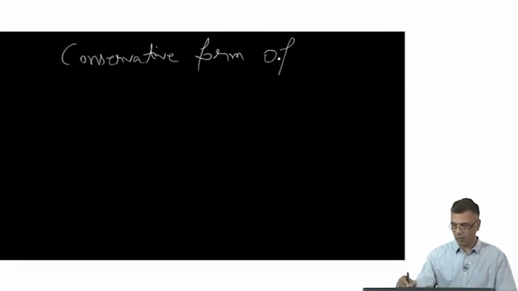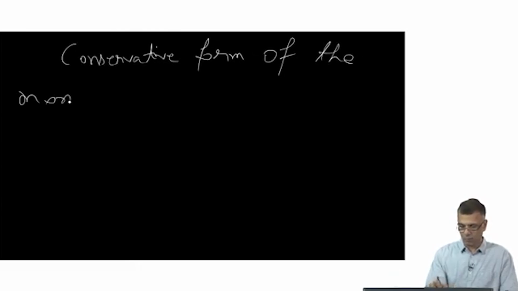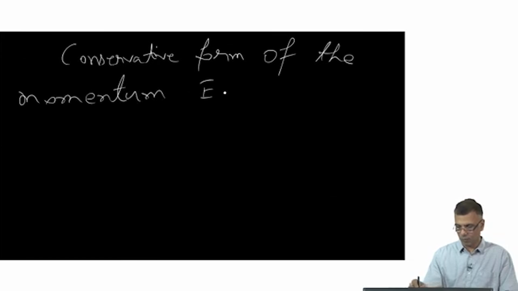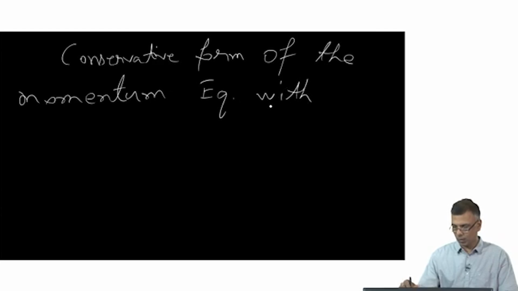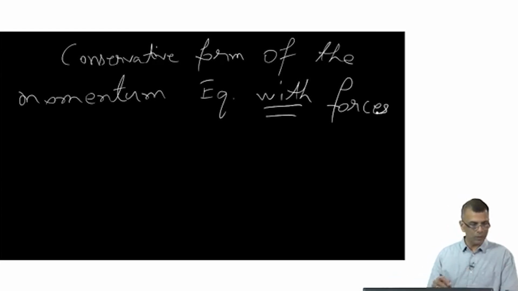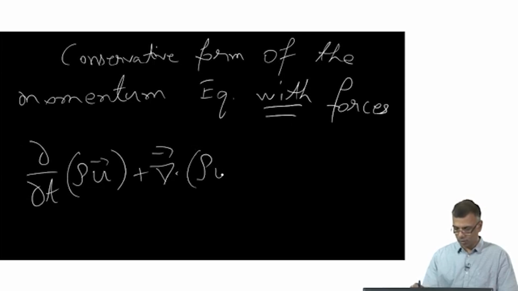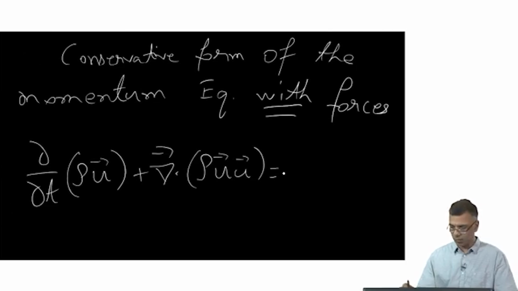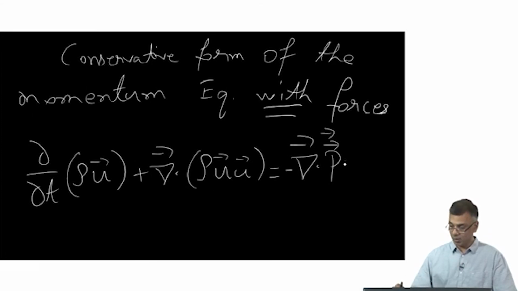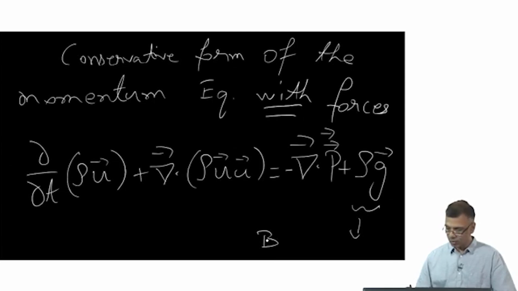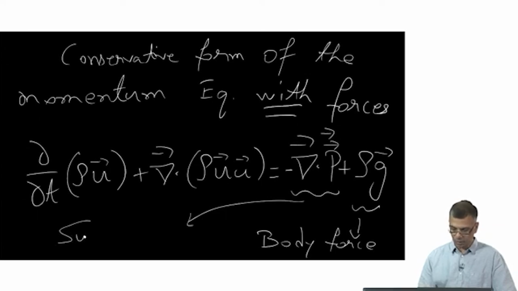It would be d over dt of the momentum density plus the divergence of the momentum flux equal to minus the divergence of the pressure tensor, where this would be representing the body force and this would be representing the surface force.